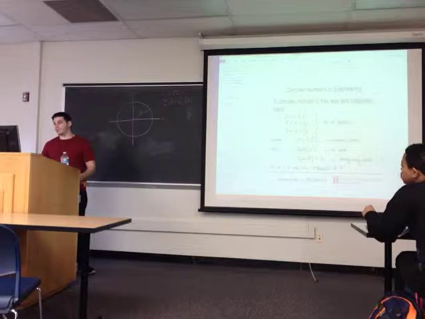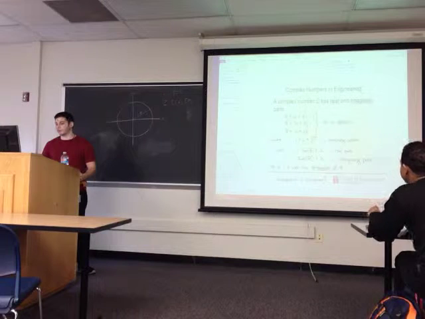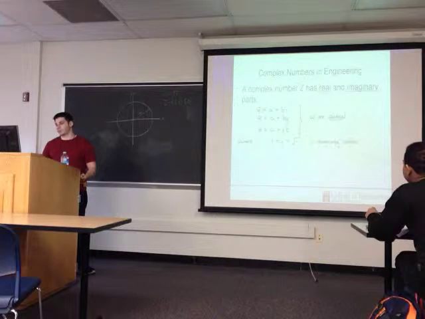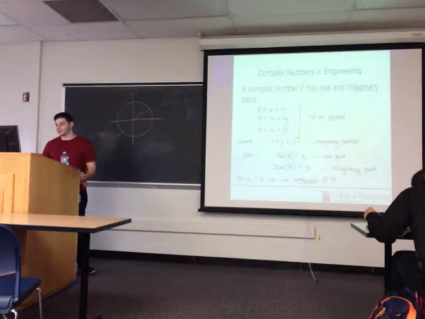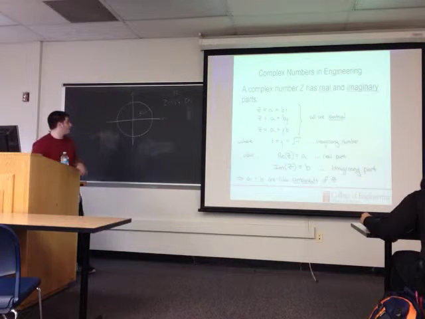And this formula is just saying that the real part is a in this equation, and b is the imaginary part. a is the real component, and b is our imaginary component.